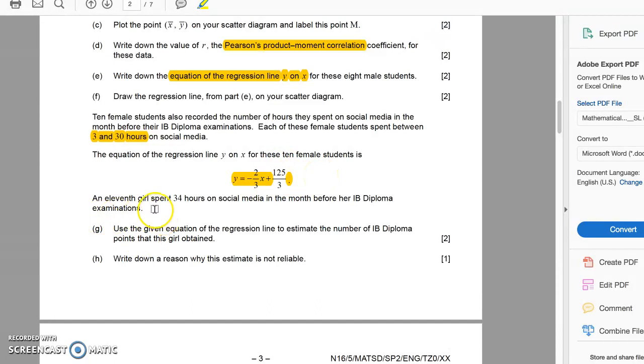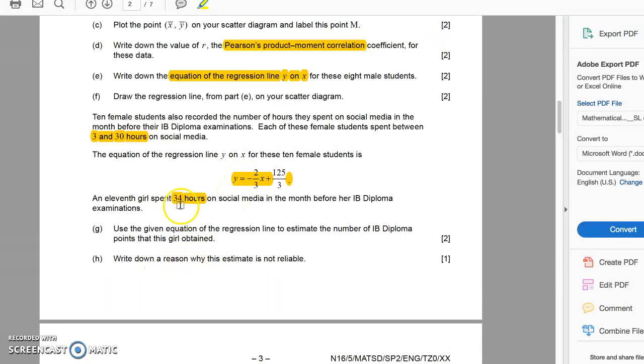An 11th girl spent 34 hours on social media in the month before her IB diploma examination. Use the given equation of the regression to estimate the number of IB diploma points that this girl obtained, and write down a reason why this estimate is not reliable. So this 11th girl, the number of hours is the X. I'm going to plug it here, do the calculation, get a Y. Probably it's not going to be a good value.